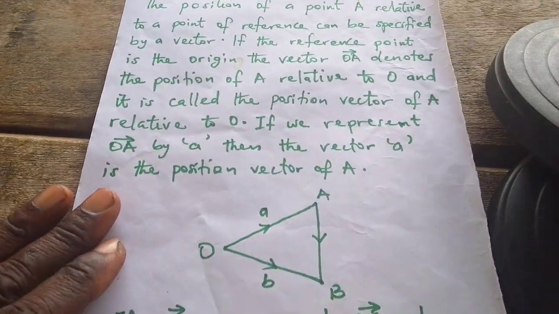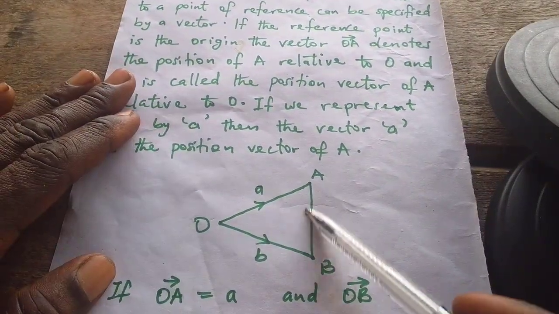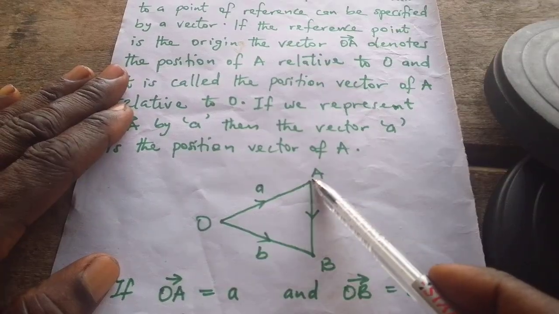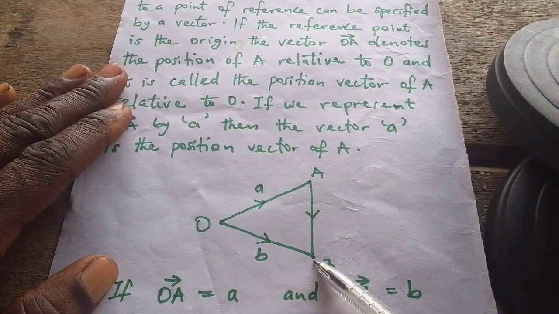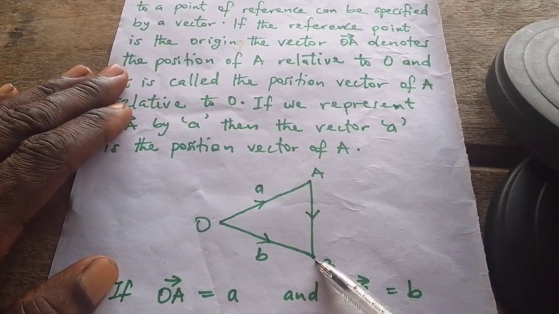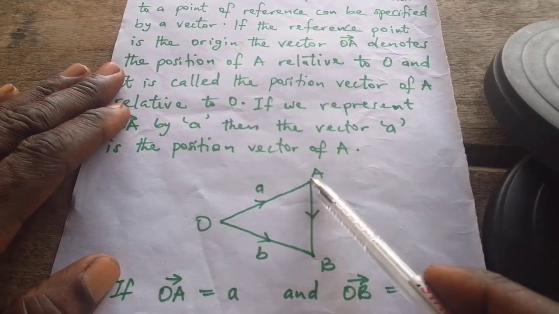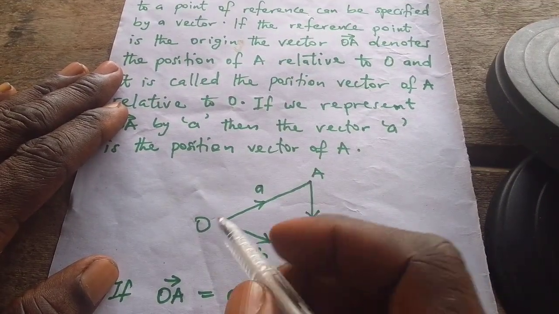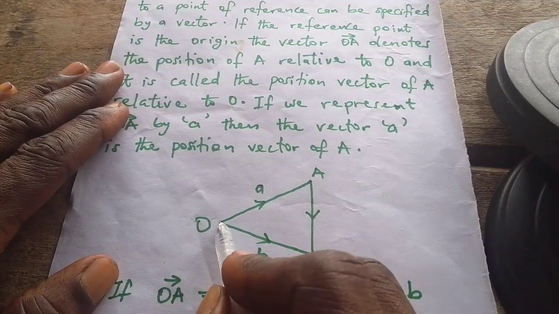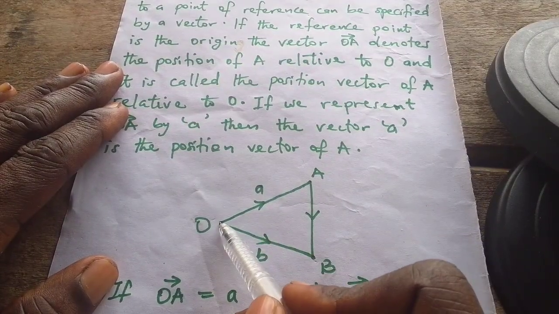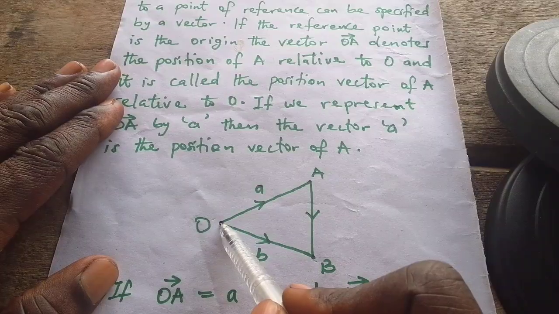Now look at this. If you have AB as a vector, this point A and point B can have a reference point. This point A and point B can have the reference point to be O. So this reference point is known as the position vector.